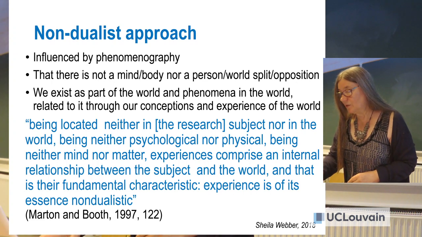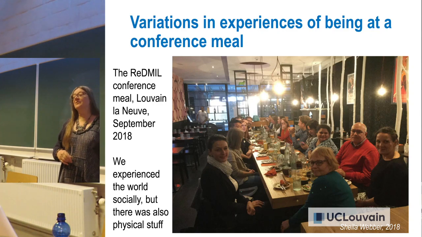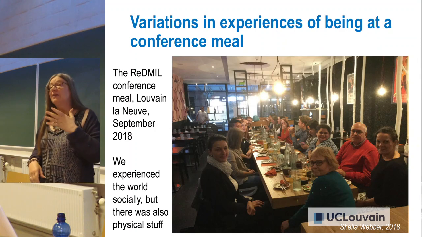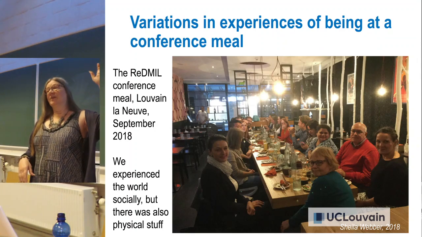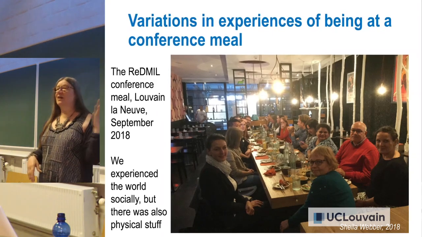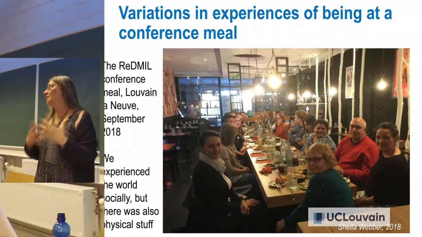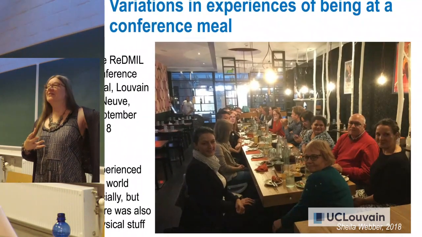And to give an example, so I'll talk later. In phenomenography, you're always looking at variations of experience or conception. So in this context, what I was looking at there was that the people around the table will be having their experience of the world, but there's stuff in the world.